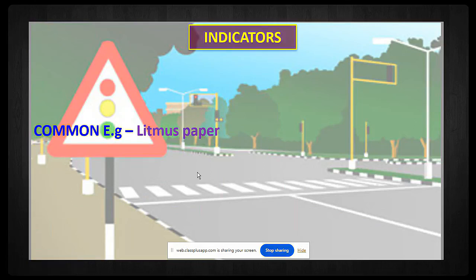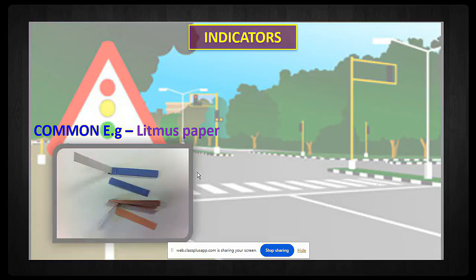So, common examples of indicators. We are having types of indicators here. The best common example of an indicator is litmus paper, and we also have universal indicator and synthetic indicators. Synthetic indicators are of two types: methyl orange and phenolphthalein. The common indicator is litmus paper. There are three types of litmus paper: universal indicator paper, which is yellow in color, blue litmus paper and red litmus paper.